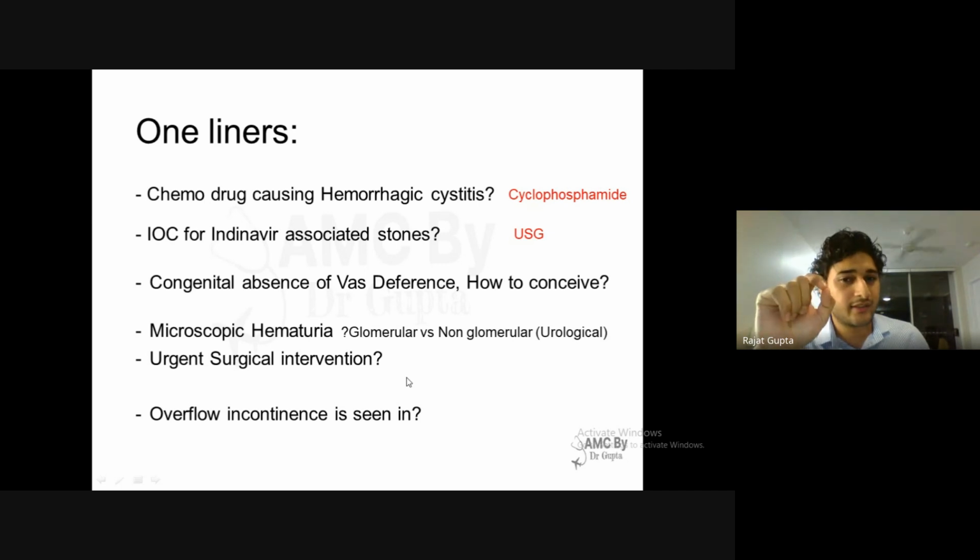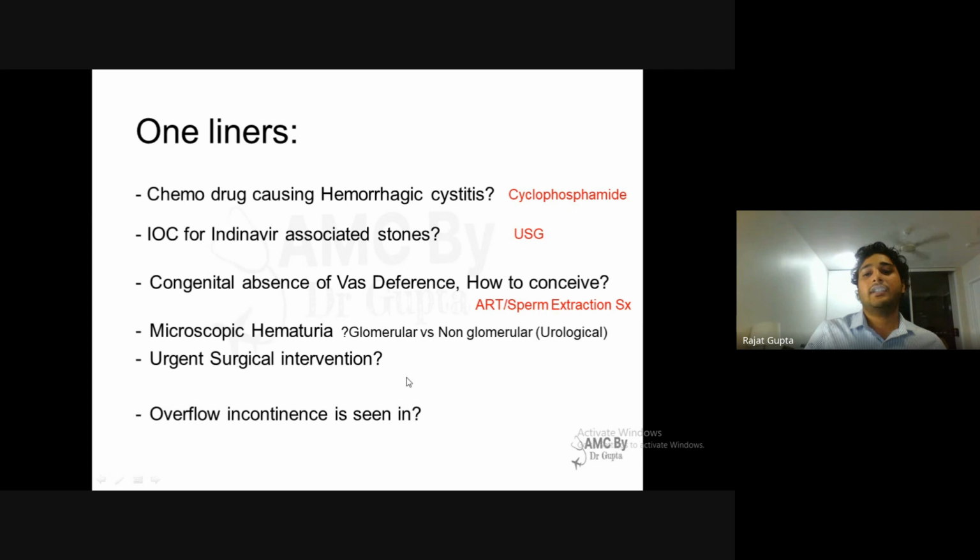Congenital absence of vas deferens. How to conceive? Let's see. There is no vas deferens. Yes. So it's going to be an assisted reproductive technique in which we extract the sperm and then go for IVF. Why? Because sperms are still there.